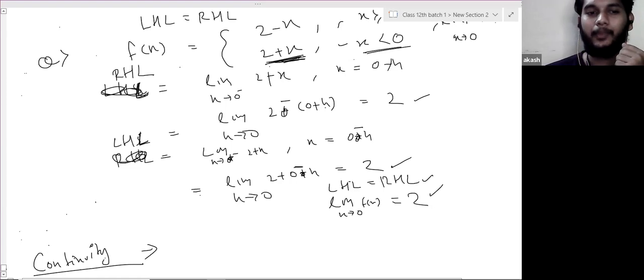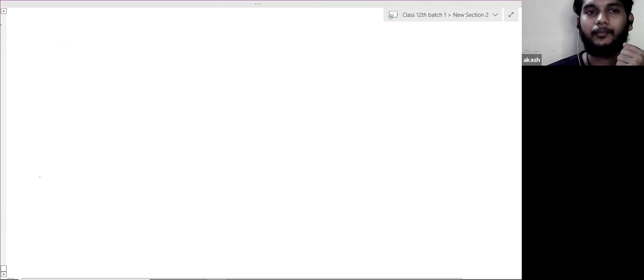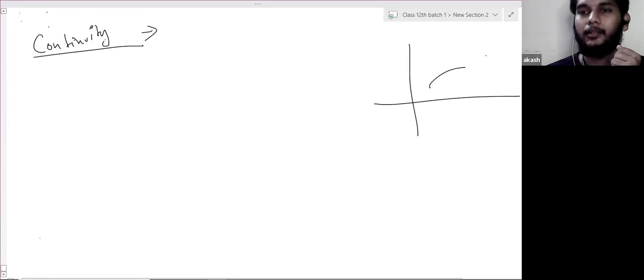All right. So what is continuity? Till now, we studied limit, that if the graph is broken somewhere or not existent at some point, then what value is it tending to? Now, what is continuity?